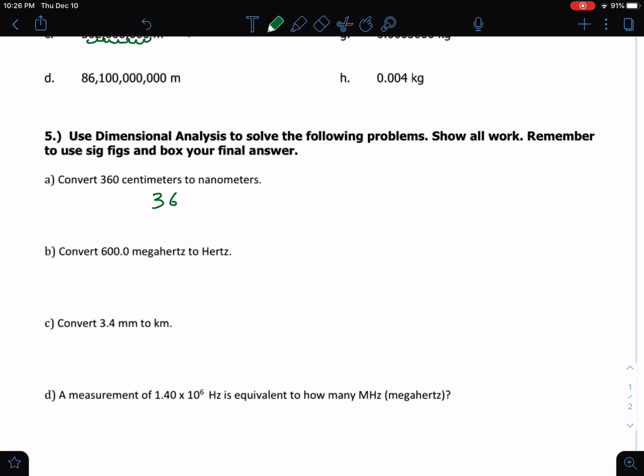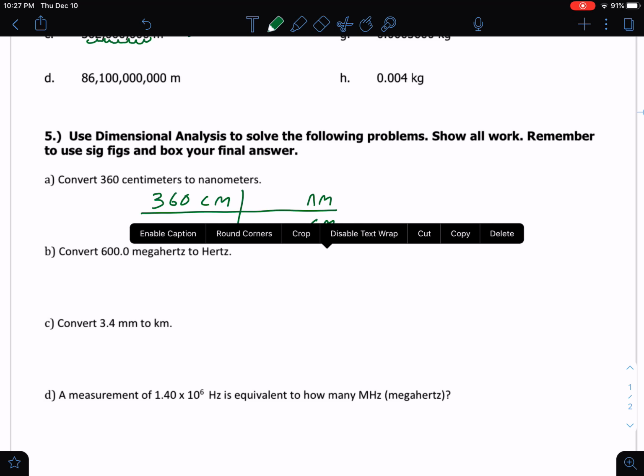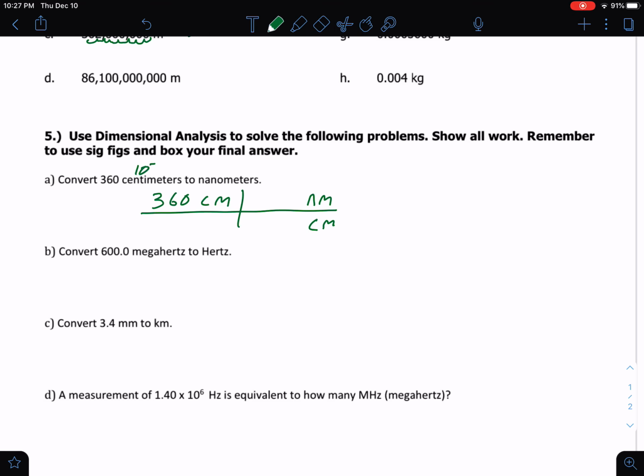The way I do this is you look at your metric scale, and you see which one's bigger. Centimeters is going to be bigger. Centimeters is 10 to the negative 2. Nanometers is 10 to the negative 9. So centimeters is bigger, so I'm going to set that as 1.